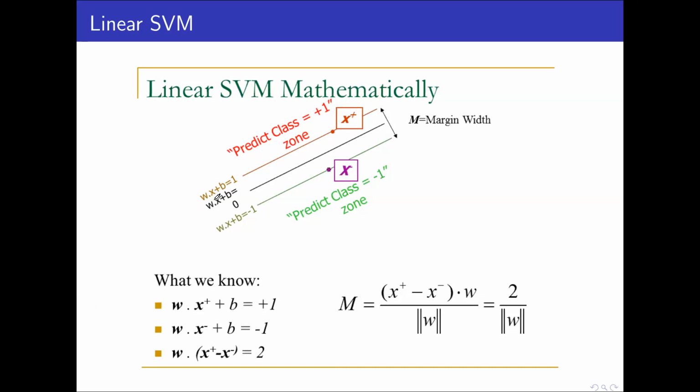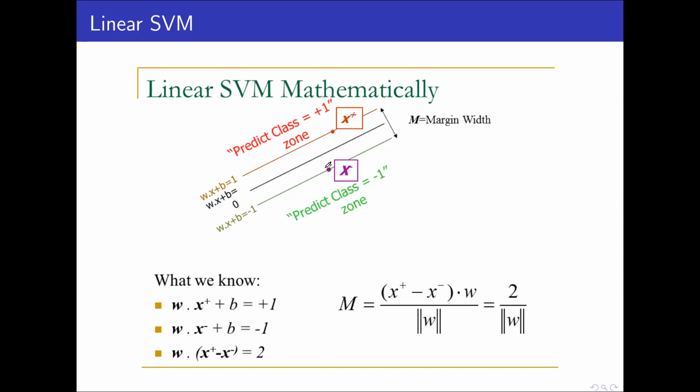So w dot x, this is the dot product, w dot x plus b is equal to 1. This represents the plus class, the plus 1 zone, and w dot x plus b equal to minus 1 will represent the negative class.